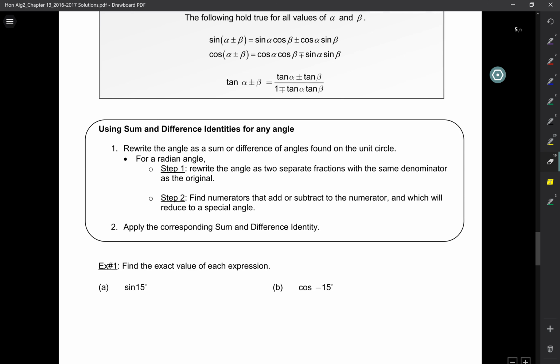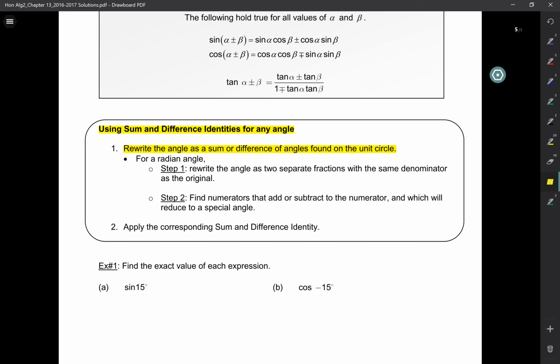So, how to use these identities? Here we go. First you want to rewrite the angle as a sum or difference of angles found on the unit circle. The ones on the unit circle are 0, 30, 60, 45, 90, and then you have the other ones too.